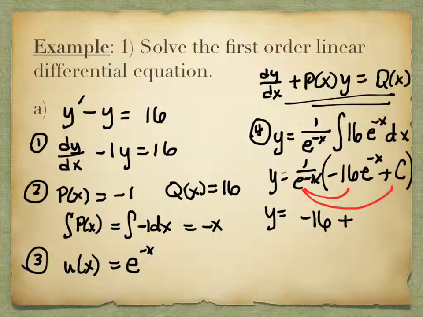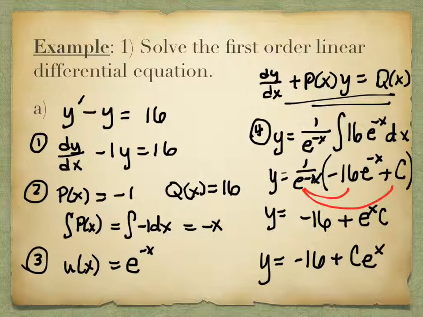But just like Parker said, e to the negative x in the denominator would be equivalent to what? E to the x, right by itself, yeah? So as I distribute it to the second piece, it's helpful to think of it that way because it's more concise, it's cleaner. So this problem ends up looking like negative 16 plus c e to the x.